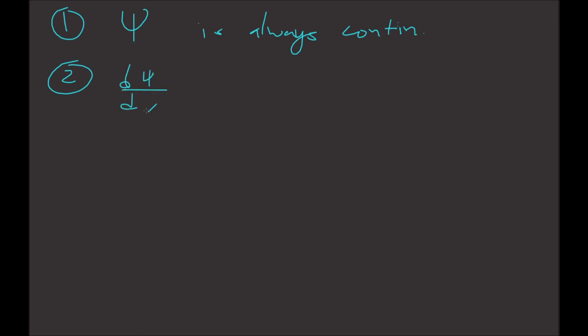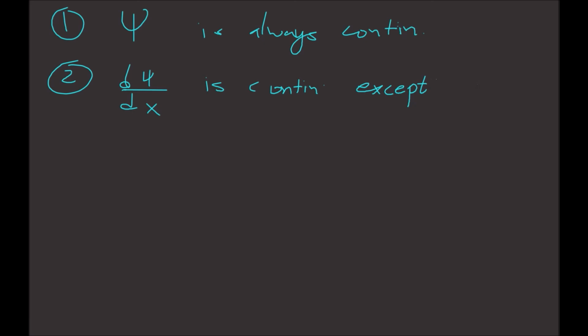The first one is psi is always continuous. The second is the derivative of psi with respect to x is also continuous, except at the point where the potential is infinite.